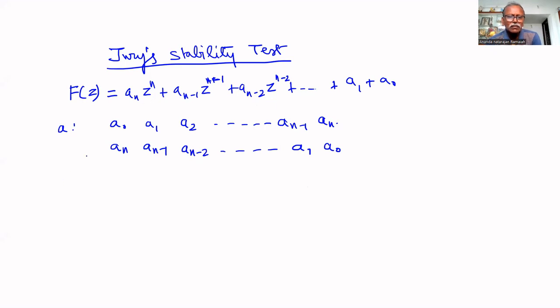Similarly, we can find the next row, the B row: B0, B1, B2, etc., Bn minus 1. It will end at n minus 1, one short of the A row. Similarly, the reversed row: Bn minus 1, Bn minus 2, etc., B0.